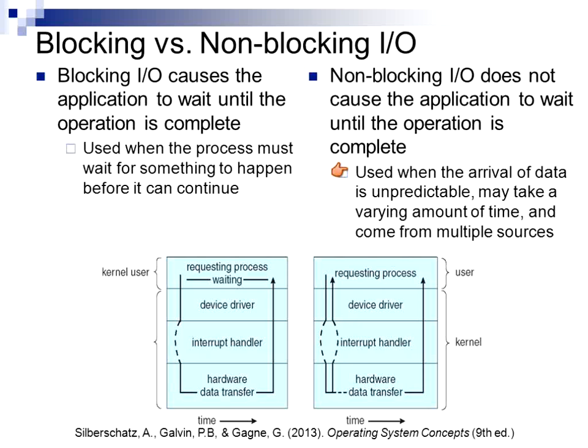There's going to be input coming in from all these different people who are connected to the network, and you don't know what address the next byte is going to come from on your network. That would be an example of the arrival being unpredictable.